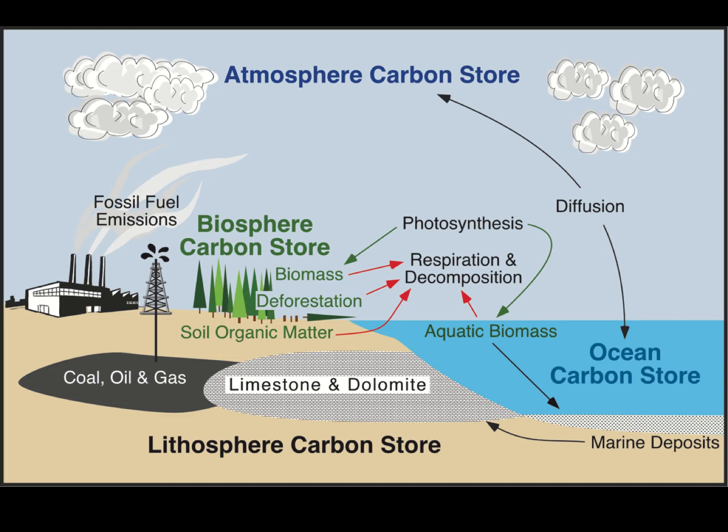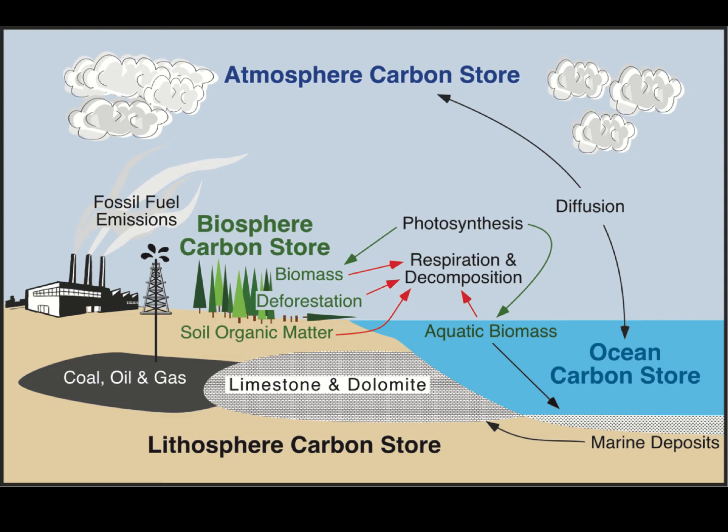Now in the biosphere, carbon is stored in living biomass. It's also stored in dead organic matter that is undergoing decay, and there is a huge store of carbon in decaying organic matter in the soil layer.